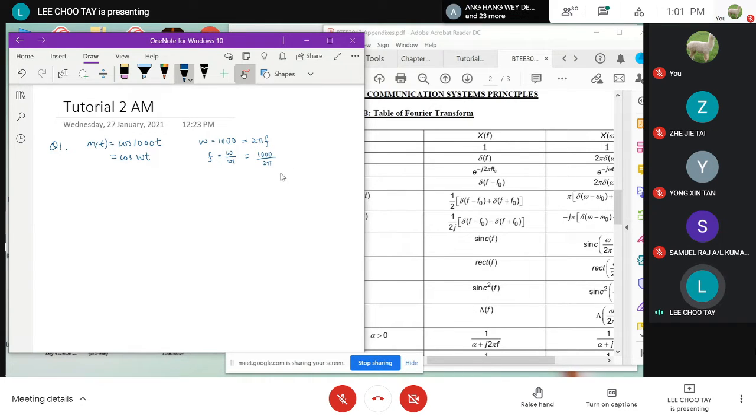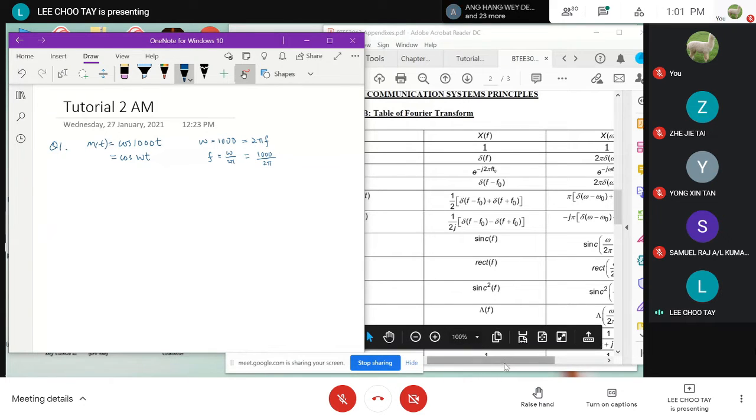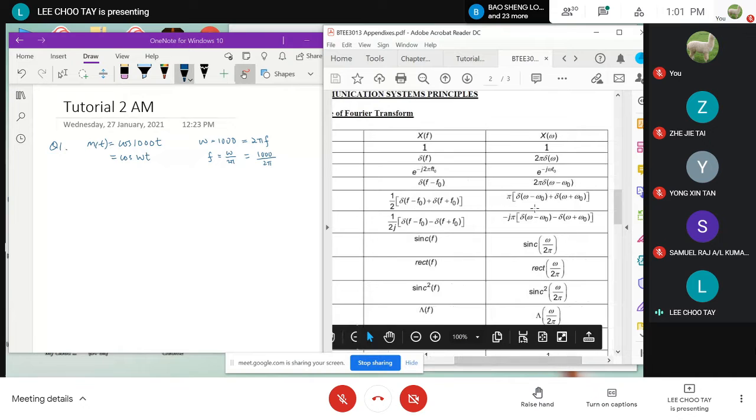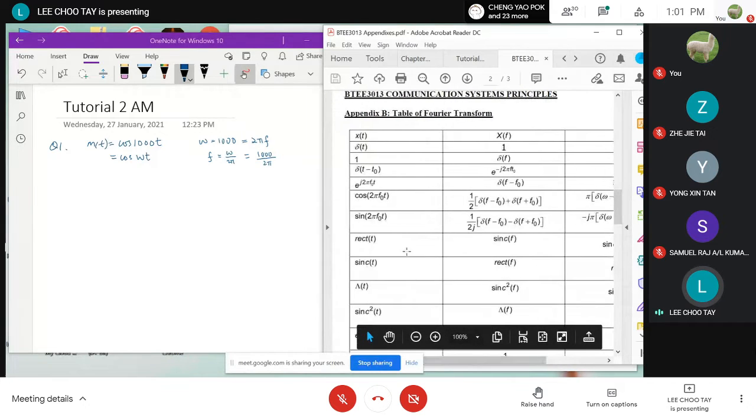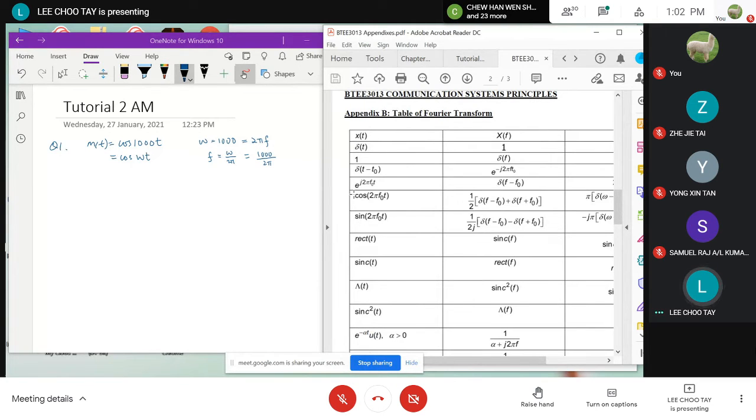Another way is to actually draw your spectrum in omega. All right, in omega here. So if you were to draw in omega, all right, then that means your magnitude will be pi. Yeah. If you were to draw in f, your magnitude will be half of whatever the magnitude of the cosine signal is. So in this case, it's 1.